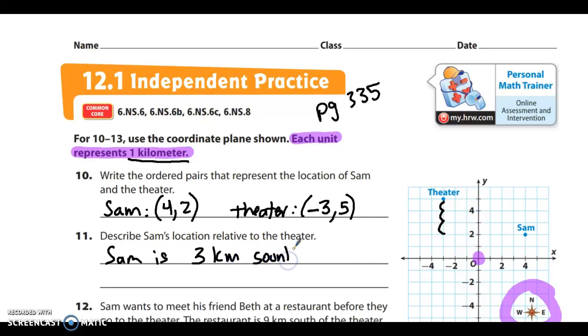But that's not it. He's not just directly 3 kilometers south. Besides being to the south, where is he? I'm going to count from here over 1, 2, 3, 4, 5, 6, 7. So Sam is 3 kilometers south and 7 kilometers east of the theater.